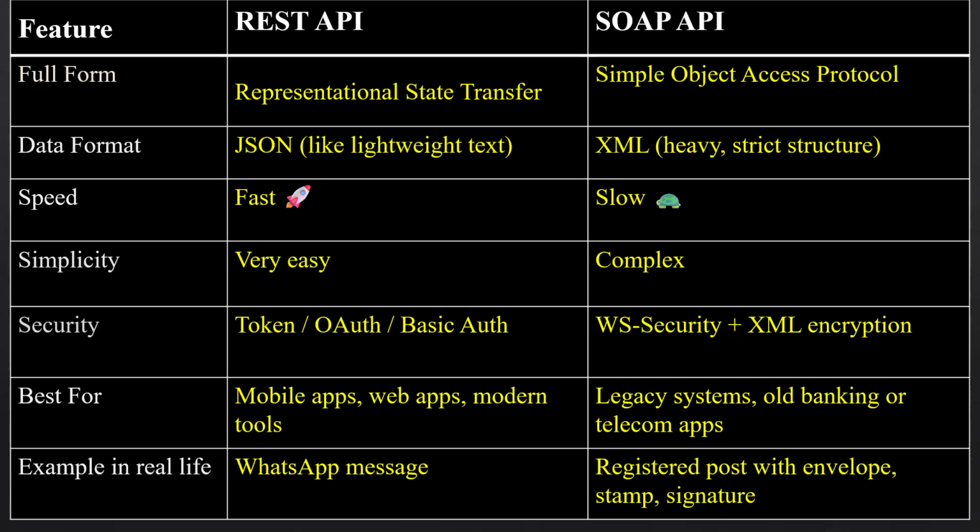The next feature is best for. REST integrations are best for mobile applications, web applications, and modern tools. But SOAP is for legacy systems, banking, or telecommunication projects, because it's more secure, more complicated, and slower. From a security point of view, we use SOAP integrations mostly for banking and government projects.